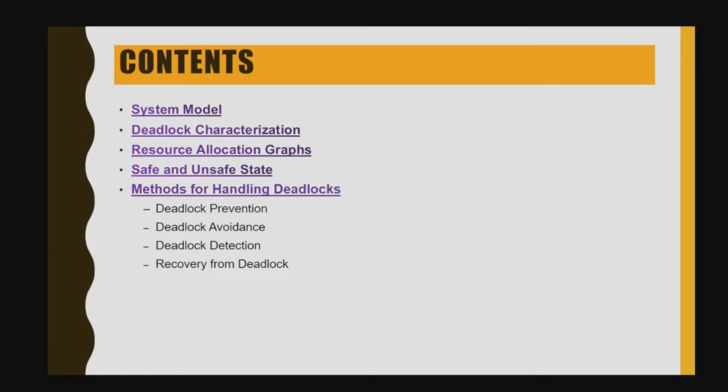So overall, these are the contents of chapter 7 about the deadlock. For the methods for handling deadlock, we have deadlock prevention, avoidance, detection, and recovery from the deadlock. Okay, this one is more about the mechanisms that we can use to handle the deadlock.